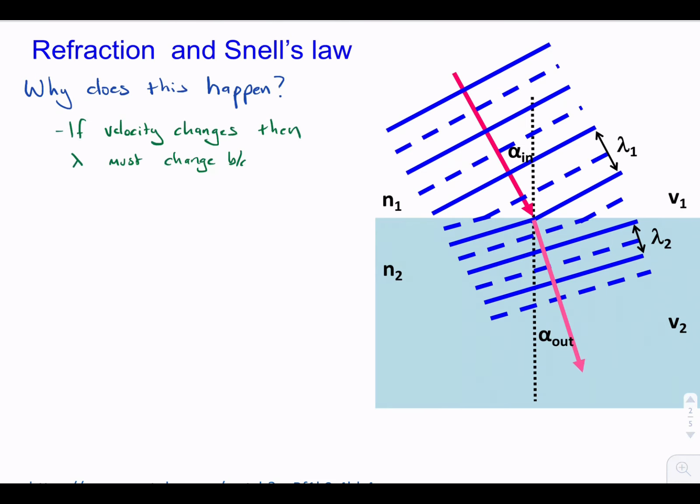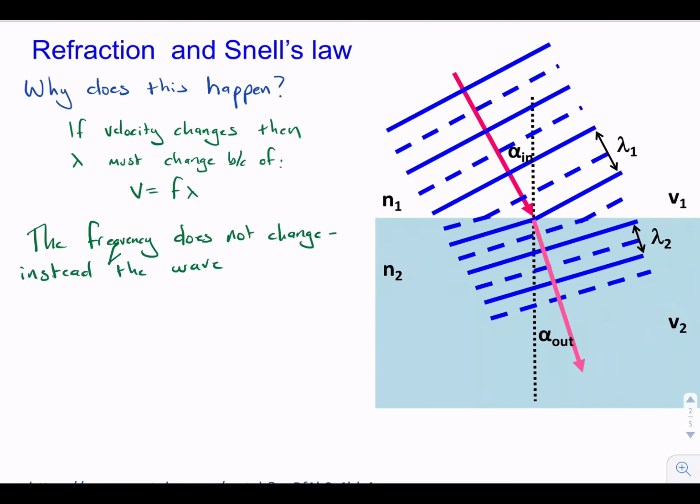If the velocity changes, then lambda must change because of the relationship velocity equals frequency times lambda. The frequency does not change. It can't. The wavefronts are coming at a particular timing, and this is not going to be changed by the fact that the waves are now entering into a different medium.